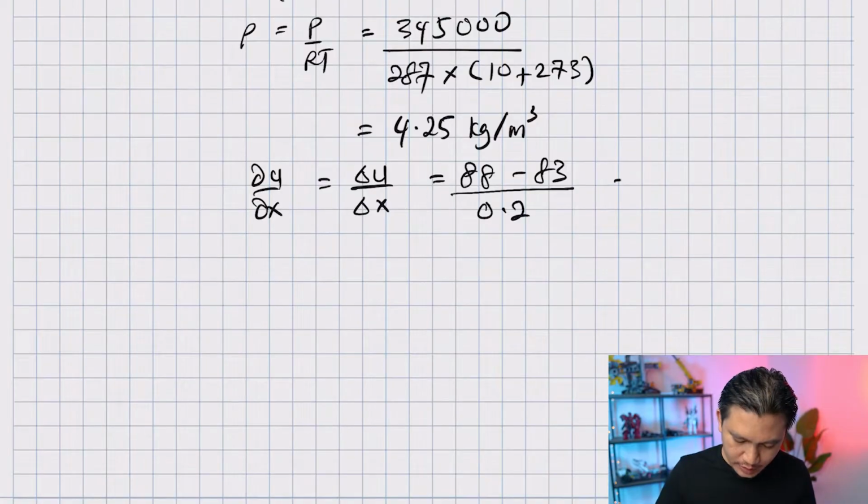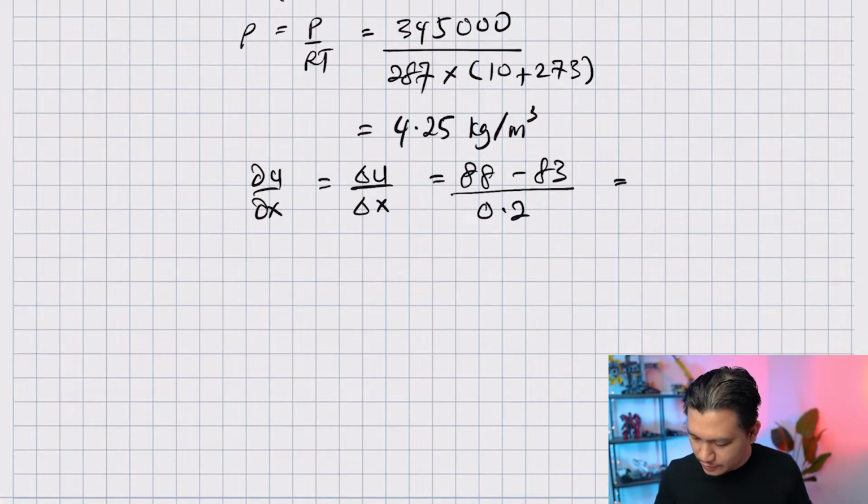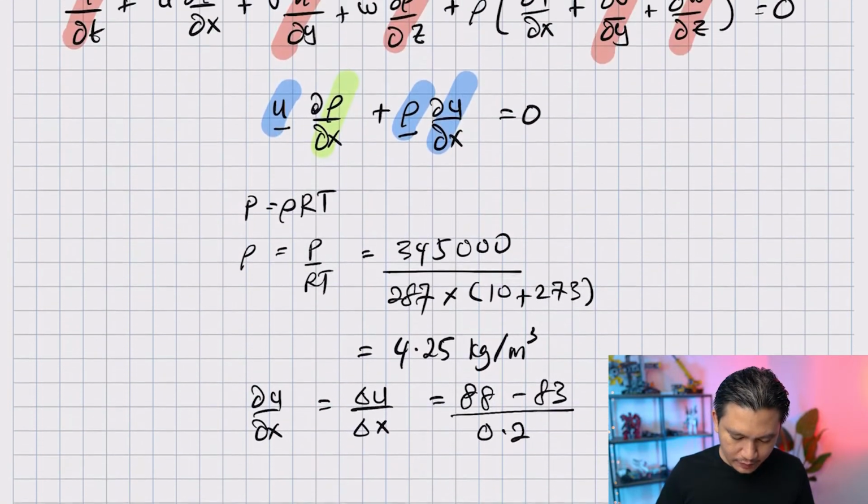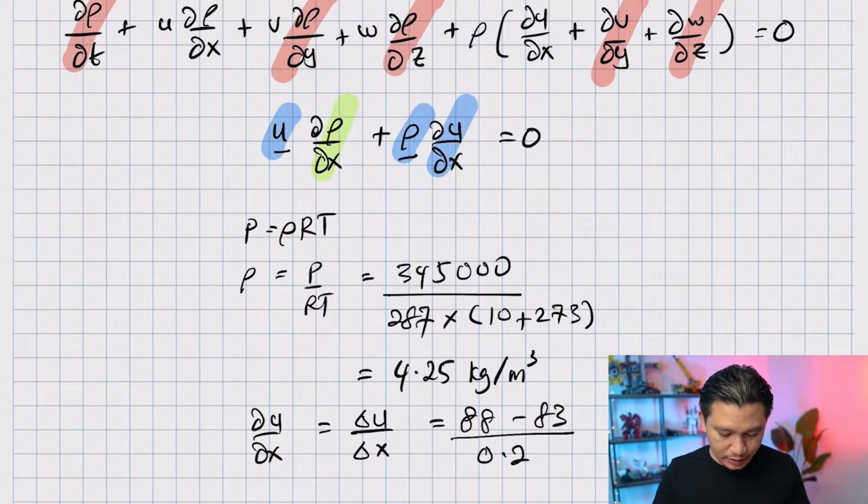And therefore, 88 minus 83 is 5, and 5 divided by 0.2 is 25. And the unit is meter per second over meter. And now, I believe that you have everything that you need in order to find del rho over del x.